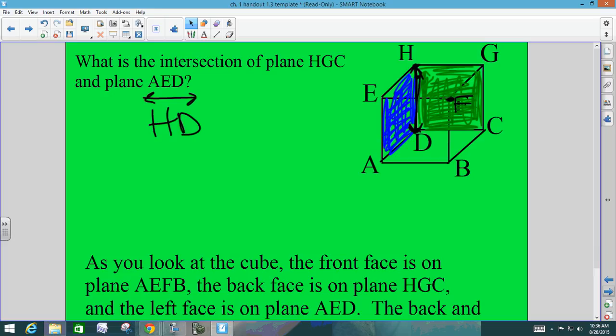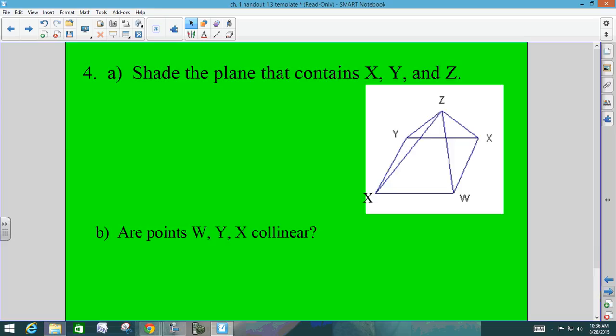We're going to skip that paragraph thing, and we're just going to go to number 4. So number 4, part A says to shade in the plane that contains x, y, and z. Shade the plane that has points x, y, and z. X, y, and z.